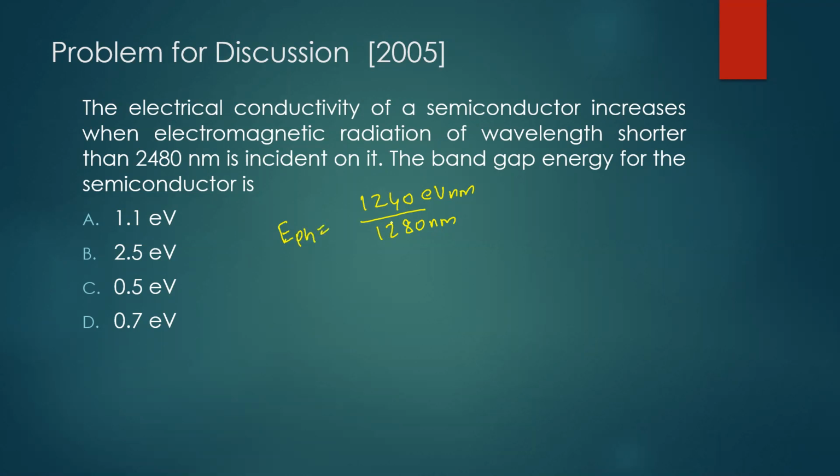So what are we getting here? I think this is around 0.55. So you cannot really remove electrons from A, B, and D. So C should be correct. Very good.